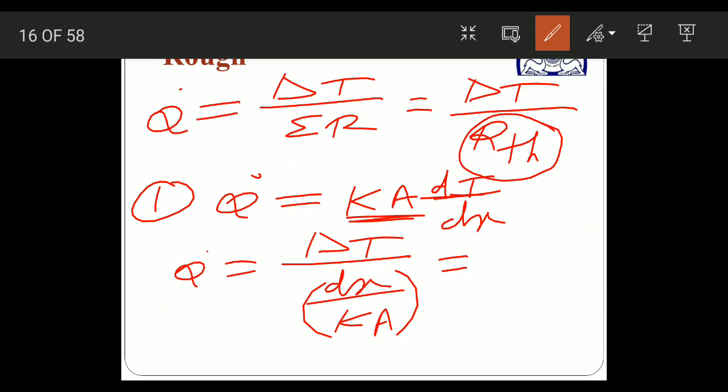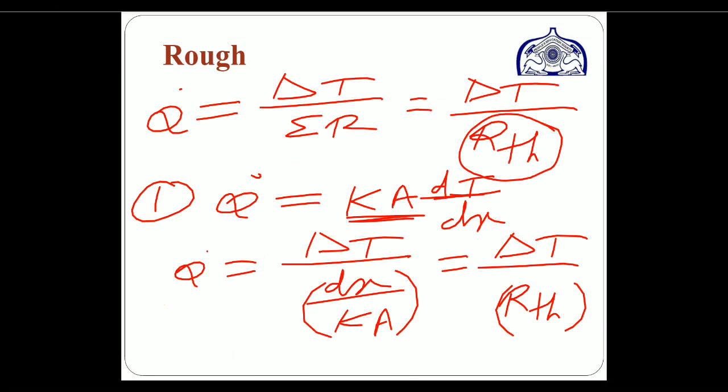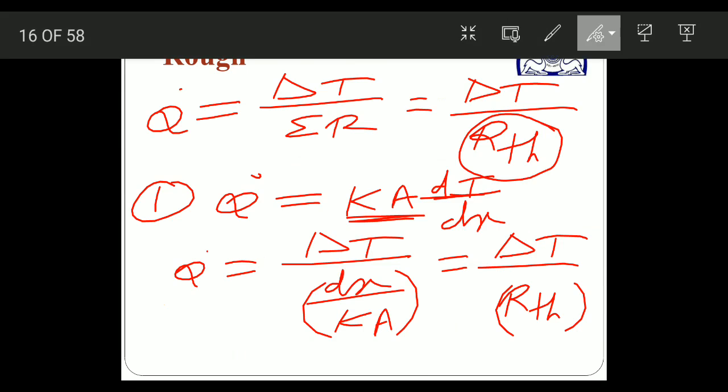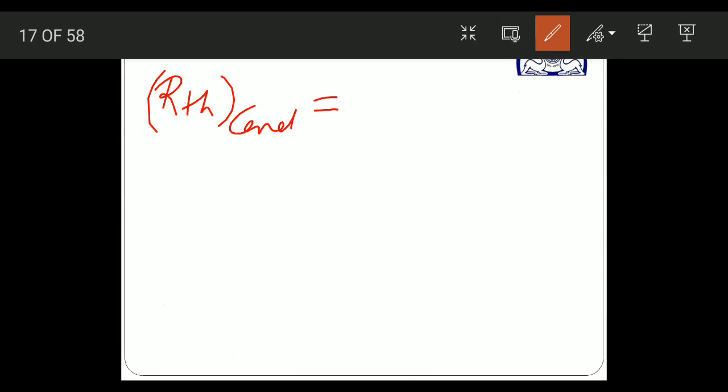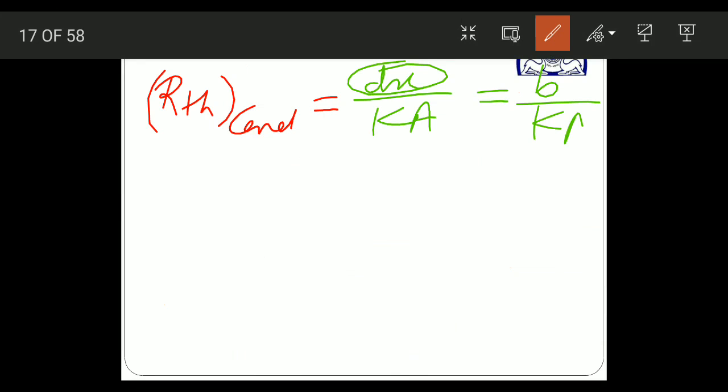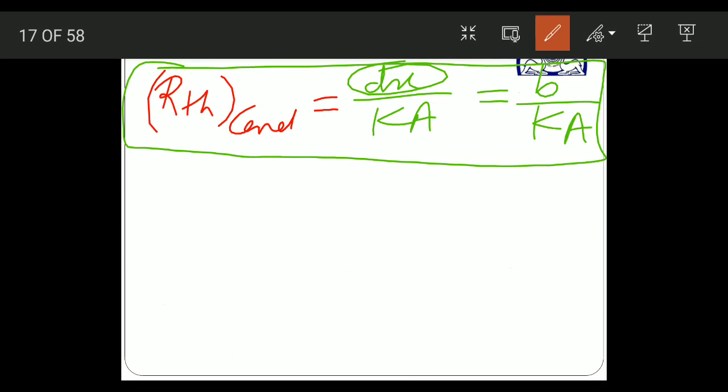And if you compare this with delta T upon RTH, then here we get thermal resistance, that is RTH for conduction, equal to dx upon KA. If you take this dx as thickness, that is B upon KA. So thermal resistance for conduction we can write as B upon KA.